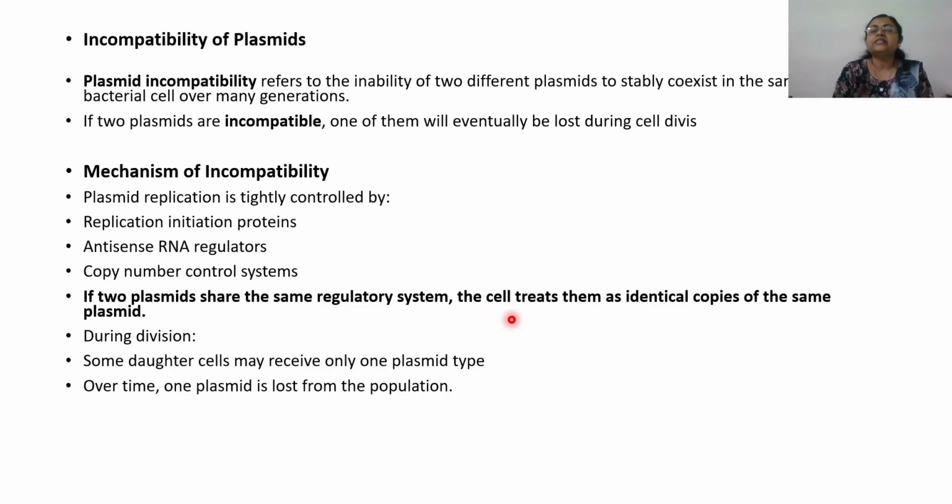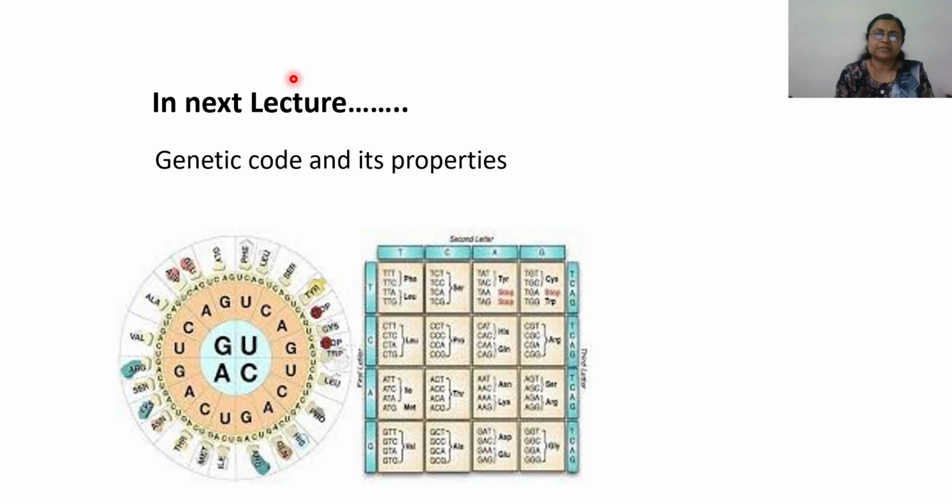The cell treats them as identical copies of the same plasmid. During cell division, some daughter cells may receive only one plasmid type, not both. Over time, if they coexist in the same cell for a prolonged period, then one plasmid is lost from the population. This happens in the case of incompatibility of plasmids.